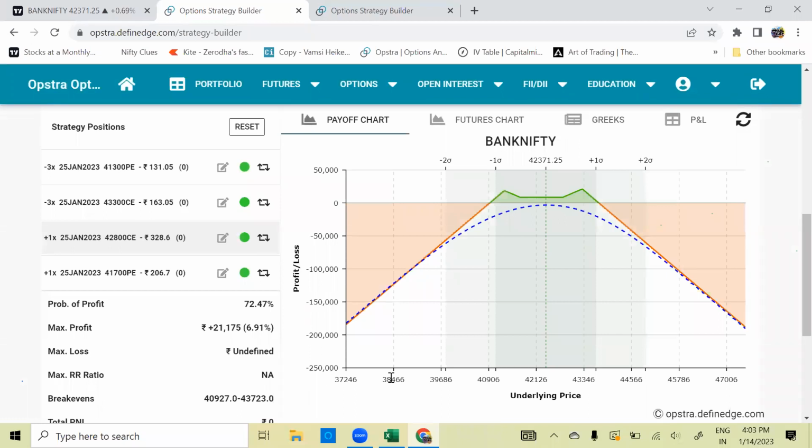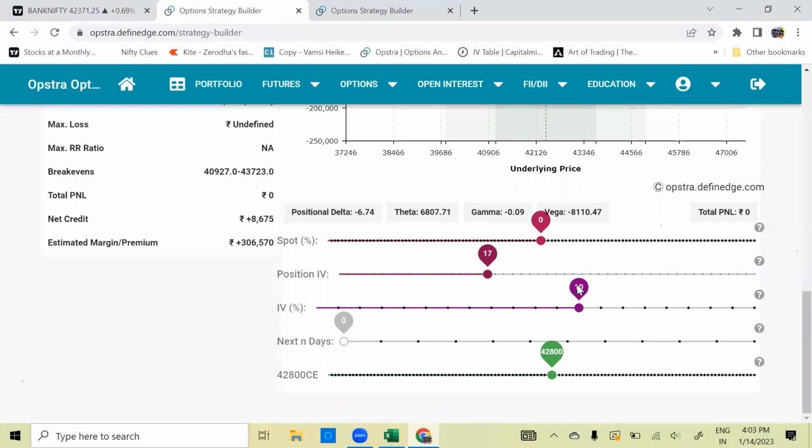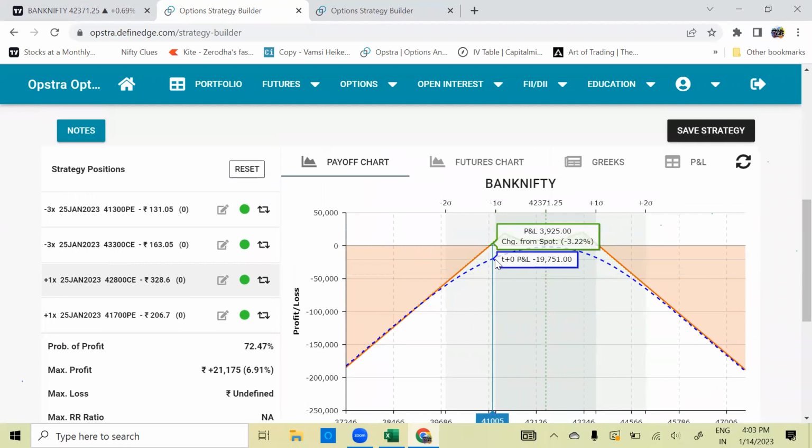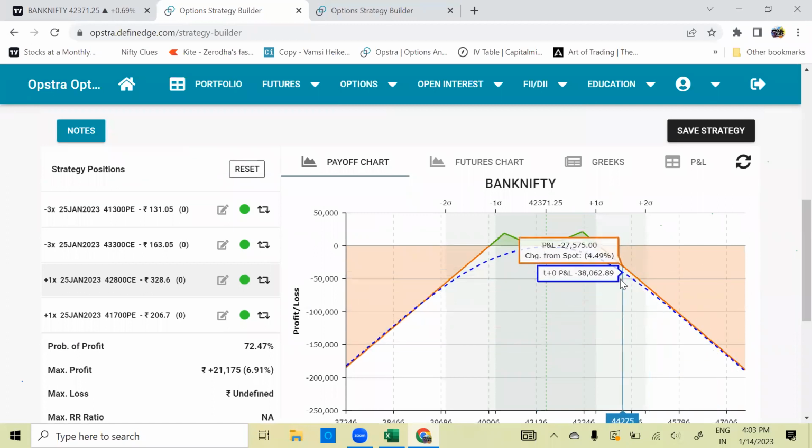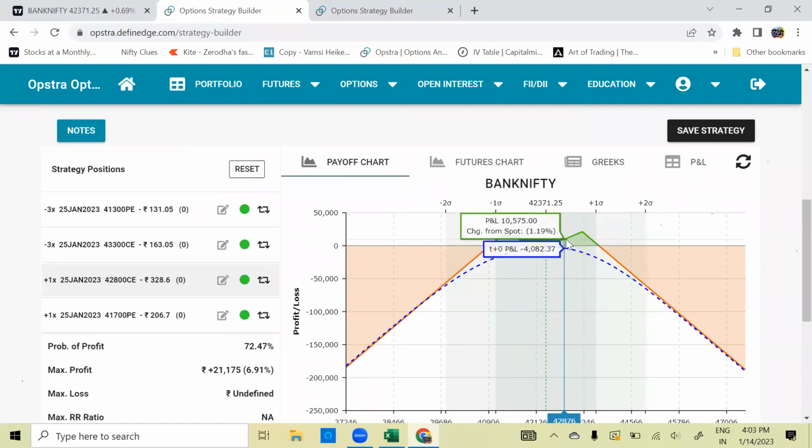Okay, so you just observe this. In the middle area we are able to make 8,600.